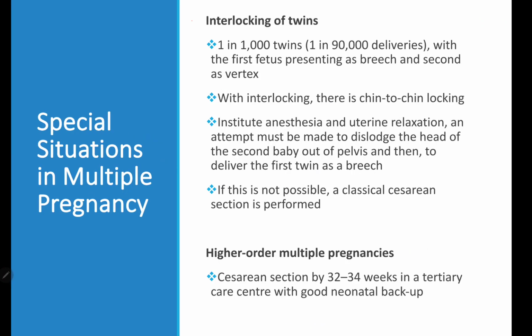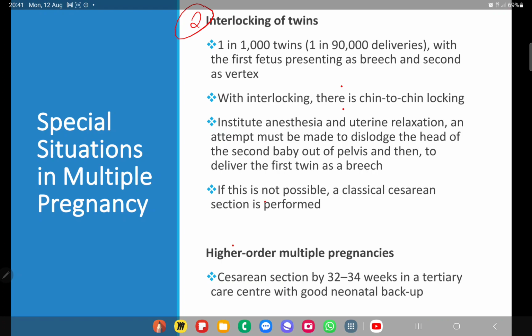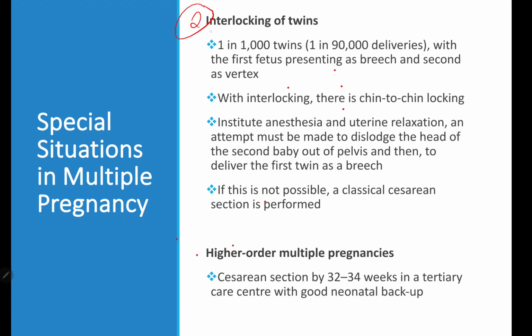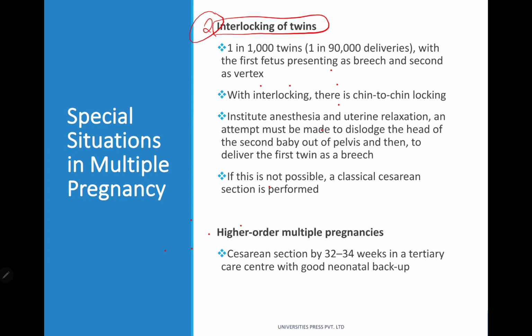Now the next special scenario is interlocking of twins. So how will you deliver in case of interlocking of twins? About 1 in 1000 twins, the first fetus presents as breech and the second as vertex.